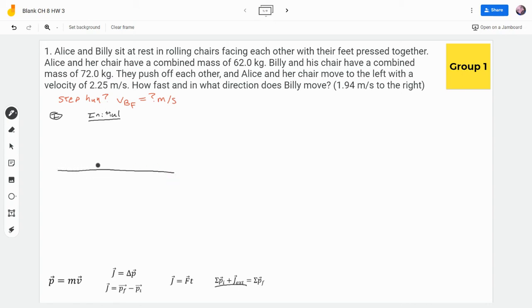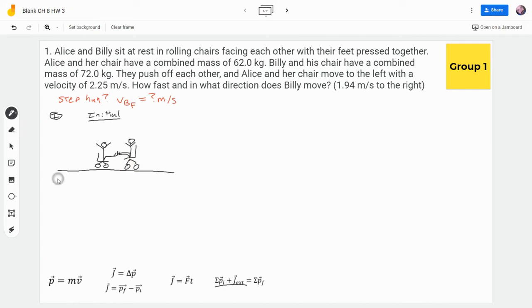We have the ground. We have a rolling chair on wheels. And we have Alice. So Alice has her feet up. So there's Alice. She's got her feet against Billy's feet. So here's Billy, and he is also in a rolling chair.